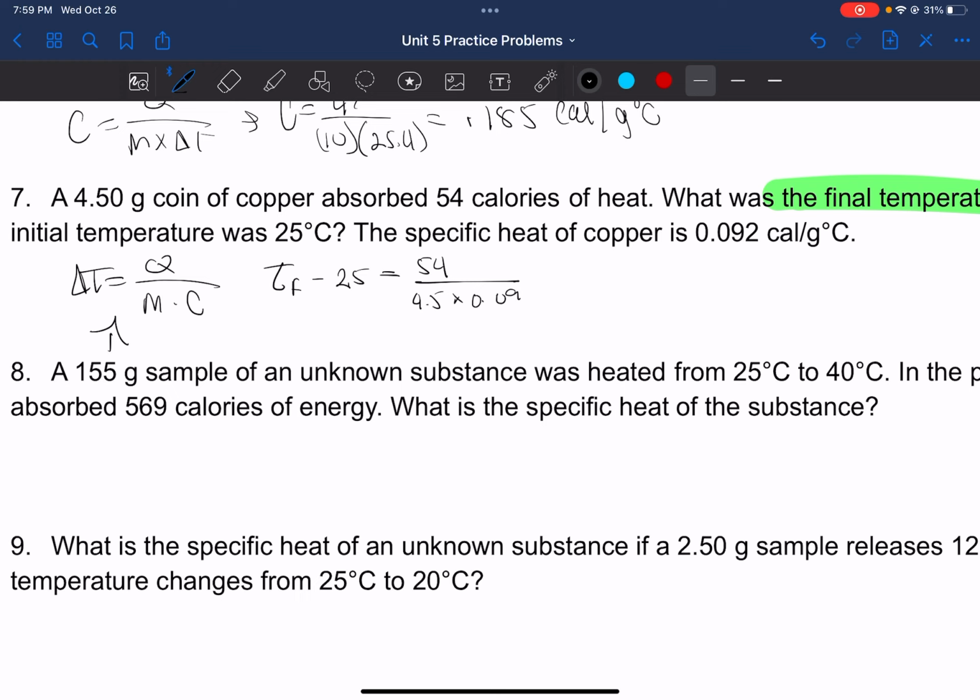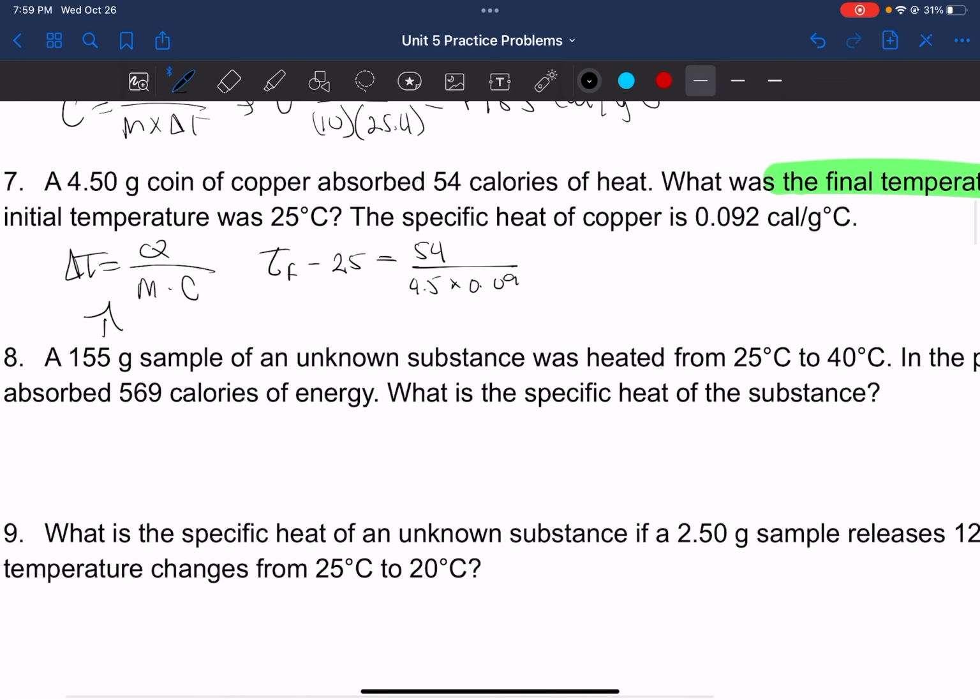Because if you were to do it that way, instead of the 4.5 and just use 0.09, you would still be a little too small. So then we solve for this.